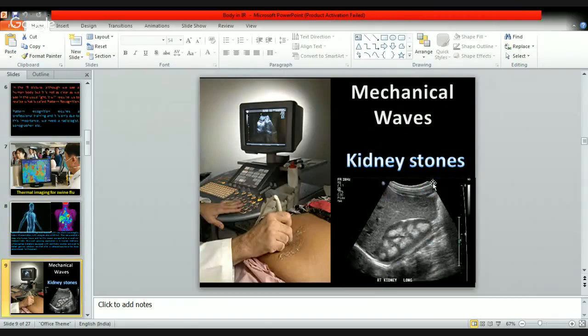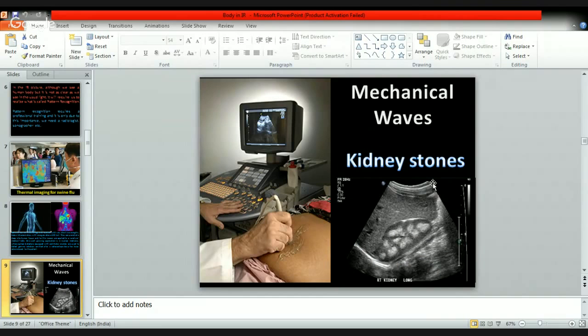In case of ultrasonics, these are mechanical waves, and when these waves are sent into the interior of our body, naturally they will get reflected, like sound gets reflected from objects or from bodies.